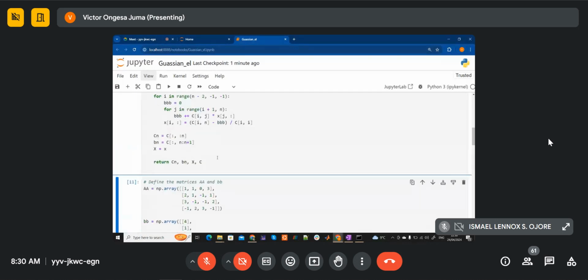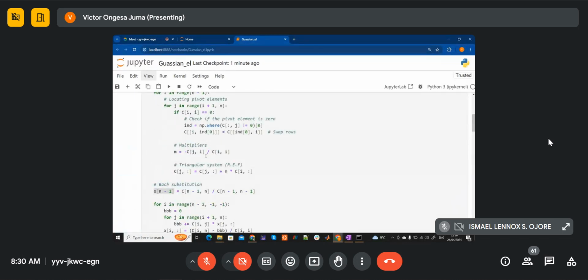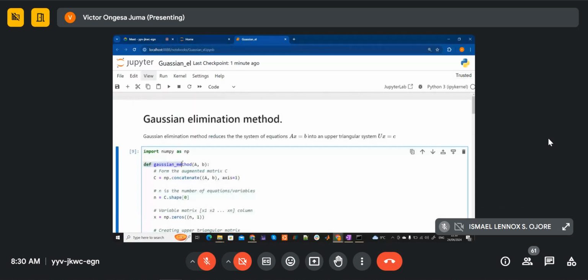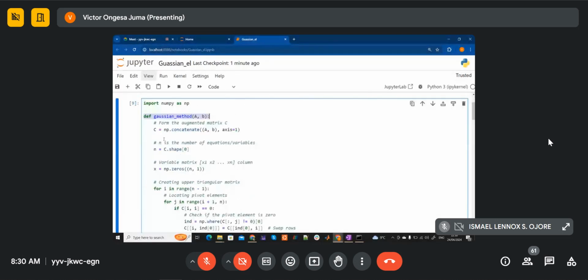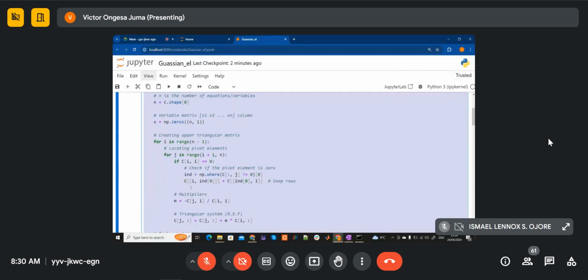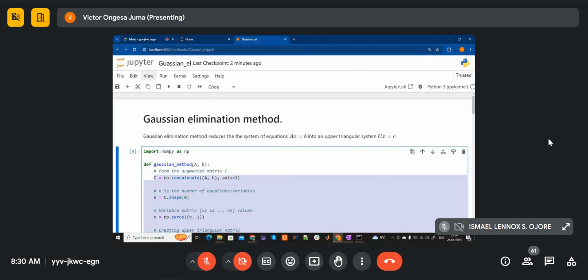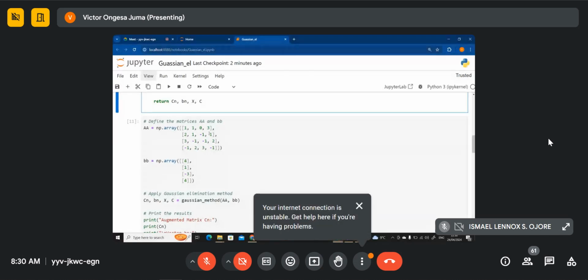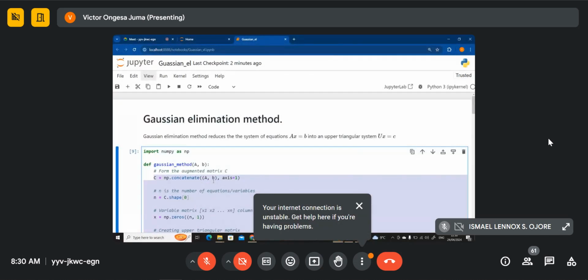But if you want to take this, the only thing I want you to do is go and improve it and make sure that you are checking. So whenever you have many solutions, you give a warning. But I don't say that you must use a function type. You can just have this as a script. You just come in here as a script until this point, and then you remove the return, you remove the function. When you have this script, it means you have to carry these two parts and put them above so that you start with them.